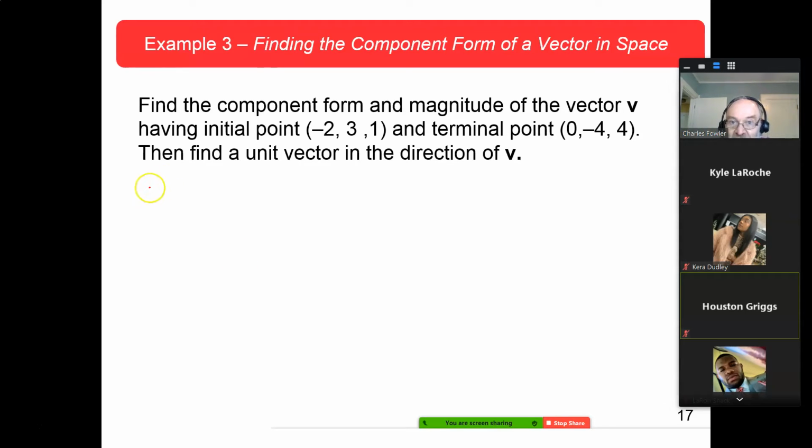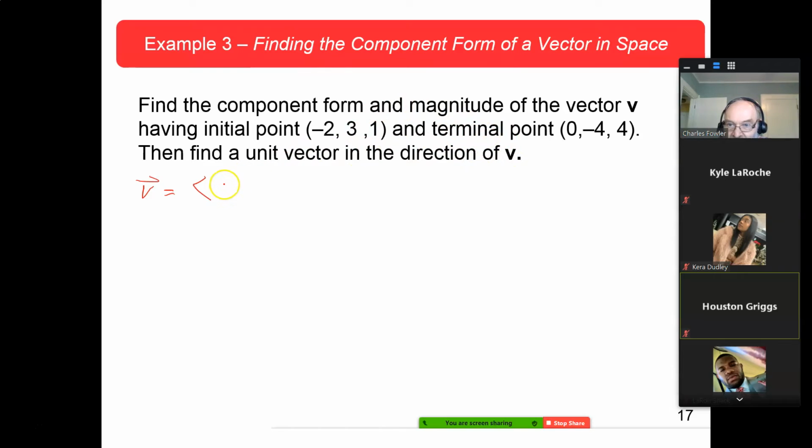So let's first do the component form of the vector v. What would vector v be? Angle bracket. What's first? Component by component. You always do terminal minus initial.